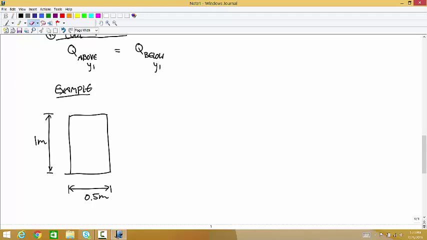And we want to calculate Q at this line. So this is our y1, and it's 0.8 meters from the bottom. So what's Q for the line y1?